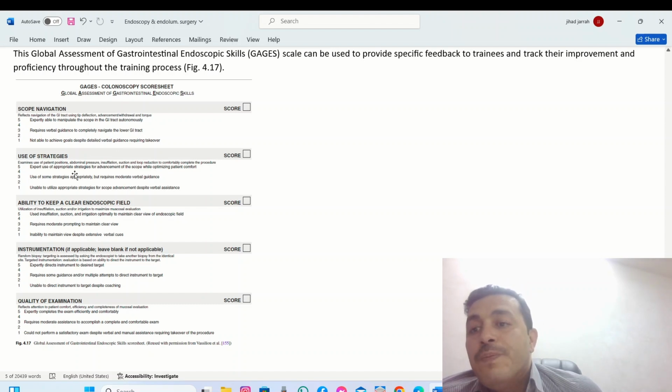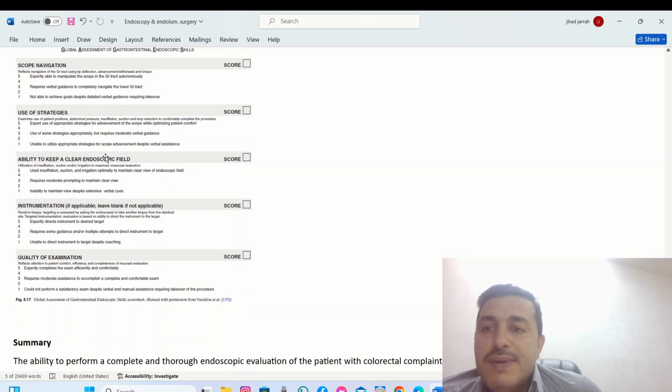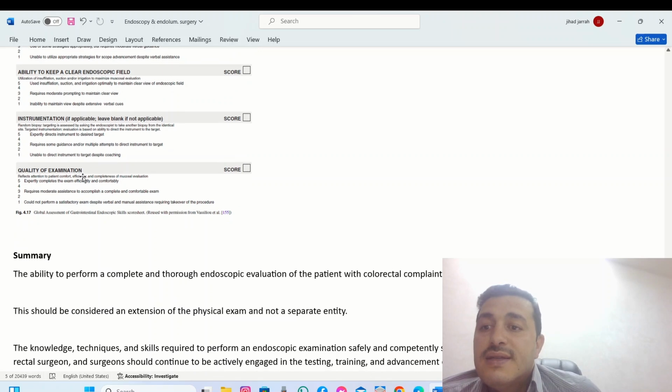How do you use strategies such as patient positioning, abdominal pressure, insufflation, suction, loop reduction? How do you keep a clear endoscopic field using insufflation, suction, irrigation, etc.? Instrumentation, can you take a biopsy, and so on.